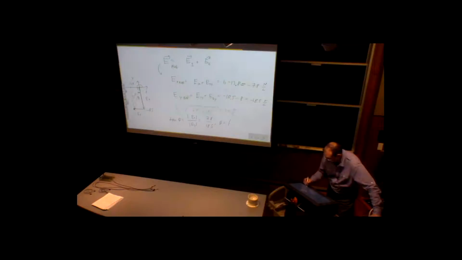Theta is supposed to be the inverse tangent of this ratio. 7.8, 18.5. You should say it louder. If you say something, you should be loud. 22.8. Thank you. 22.86, so 22.9, 23 degrees.